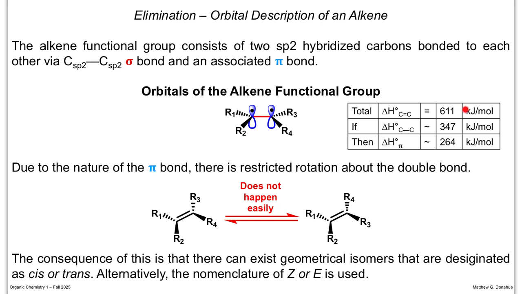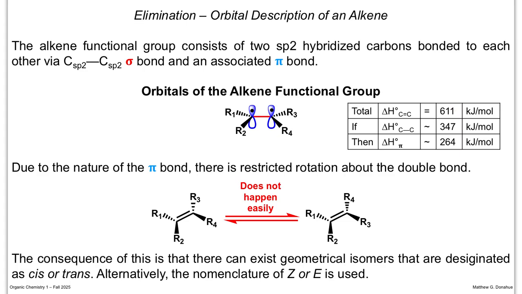A total double bond is worth 611 kilojoules per mole. A sigma bond is worth 347, and so therefore the pi bond is worth 264. So it's not as strong as a sigma bond, but overall it contributes to the double bond being pretty strong.